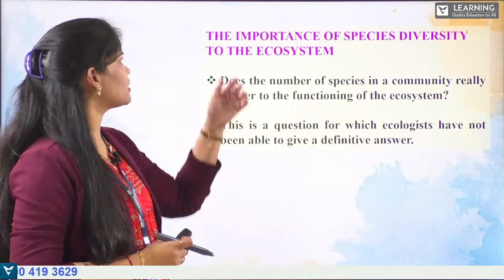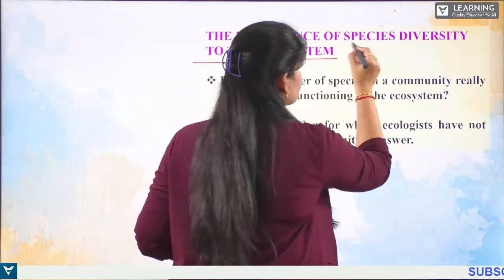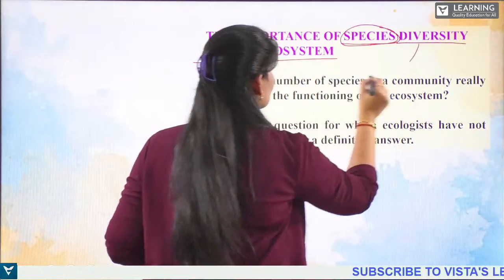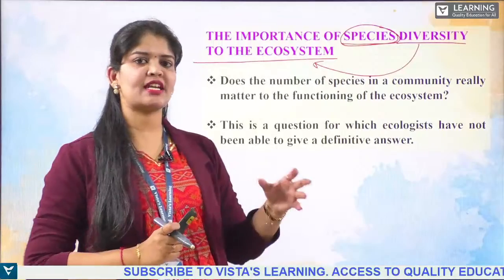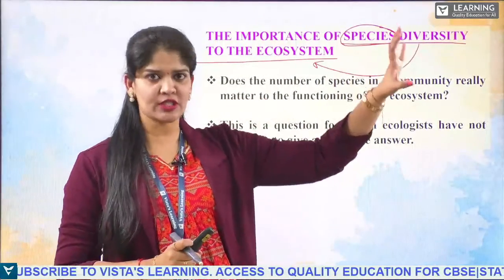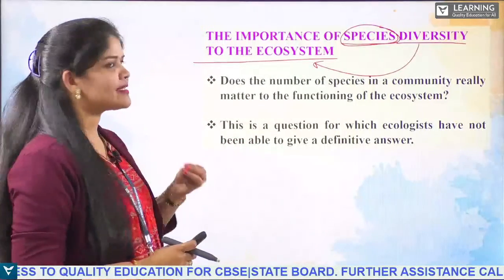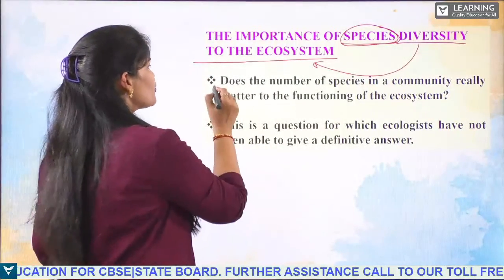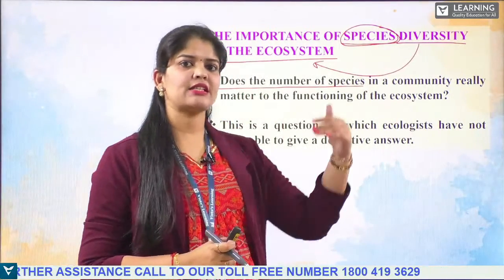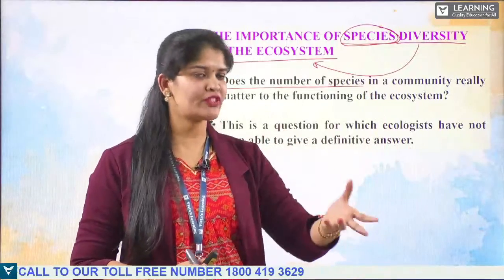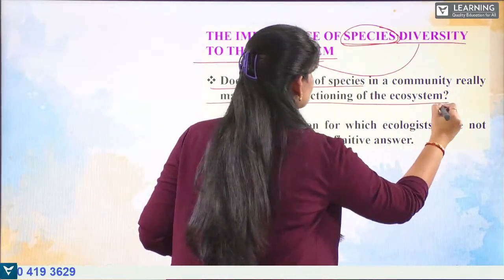Let's move ahead with understanding the importance of species diversity to an ecosystem. How is species diversity important to maintain a healthy ecosystem? How is each and every species present in a diversified ecosystem useful to maintain the healthy ecosystem itself? Let's have a question here. Does the number of species, whether it is in tens, hundreds or thousands, in a community really matter to the functioning of the ecosystem?